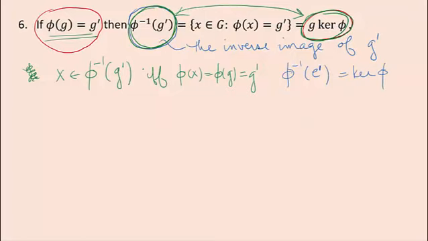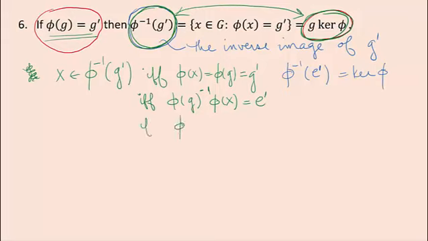X in the inverse image of G prime means phi of X is G prime. Well, this is a homomorphism, so phi of G inverse phi of X is equal to E prime, because phi of X equals phi of G. So multiplying on the left by phi of G inverse, we get this. And this is an if and only if statement.